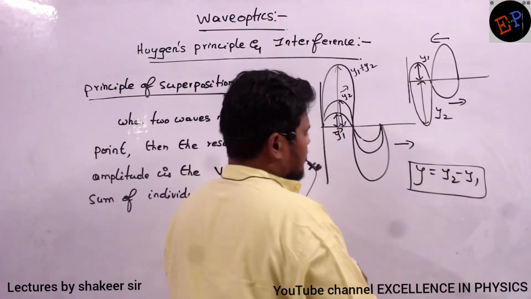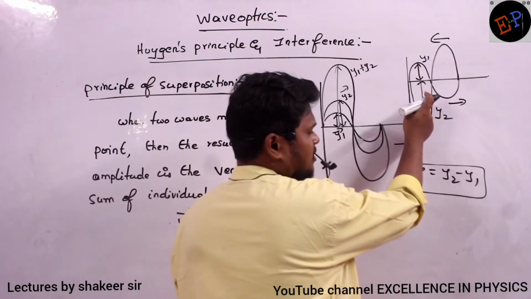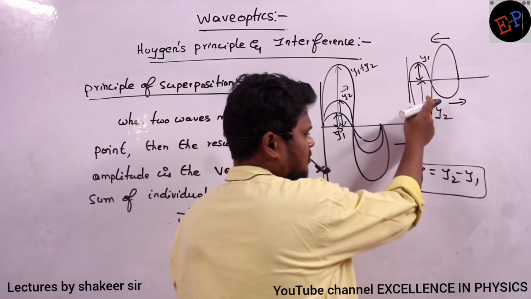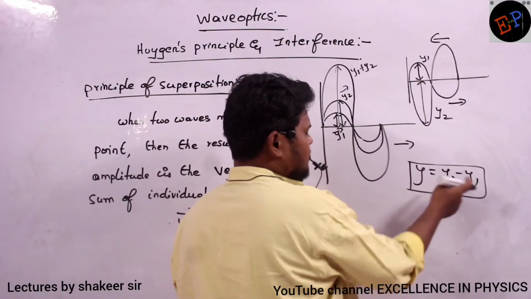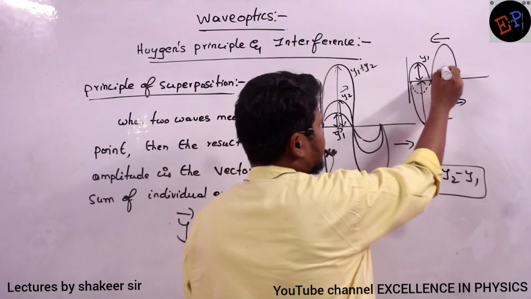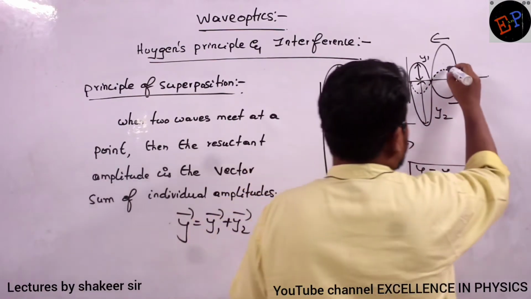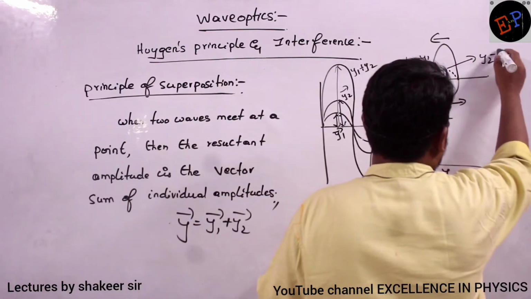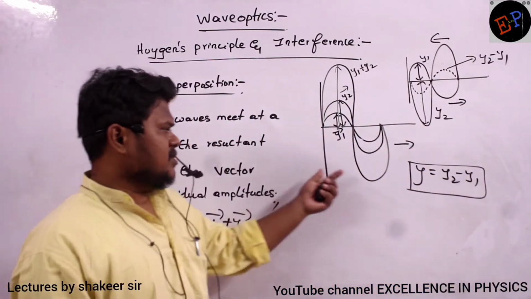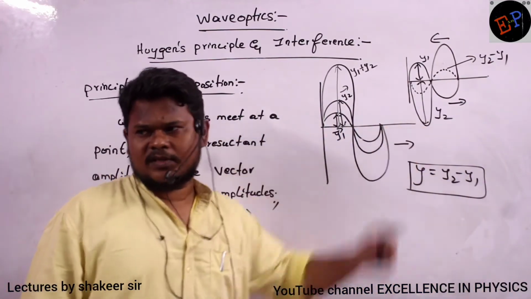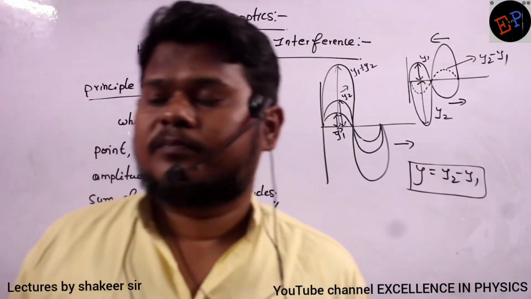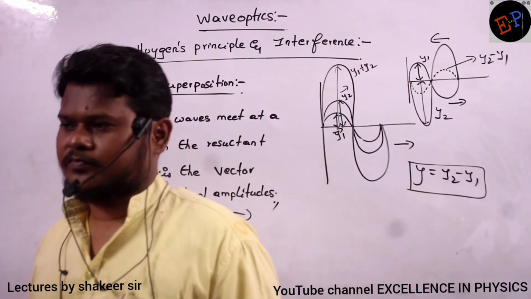Here will I get a positive pulse or a negative pulse? Negative pulse, because y2 is bigger than y1. This will be my resultant, y2 minus y1. So the earlier one is constructive superposition, and this one is destructive superposition. And when amplitudes are equal, the resultant will be 0 also.